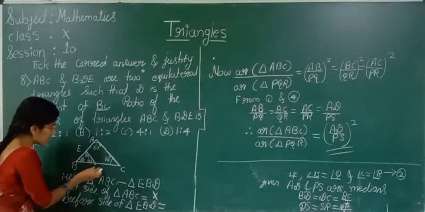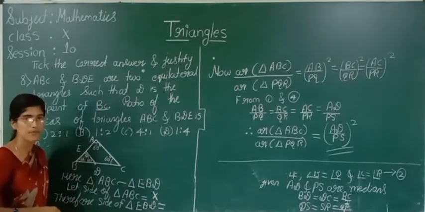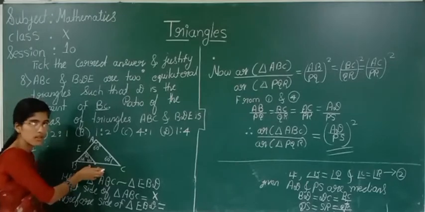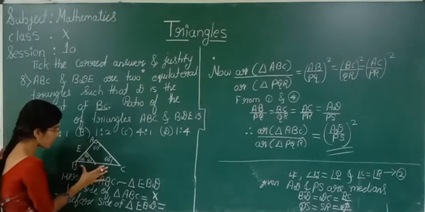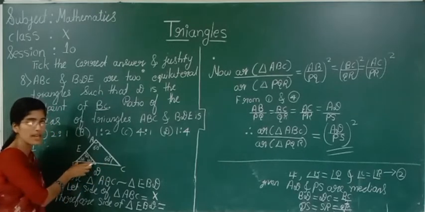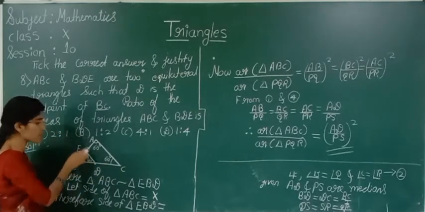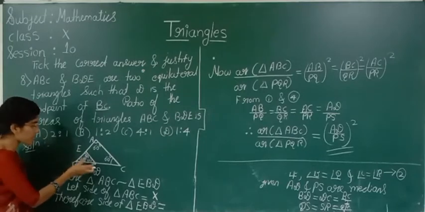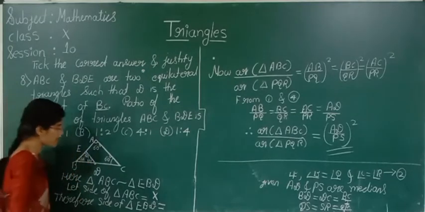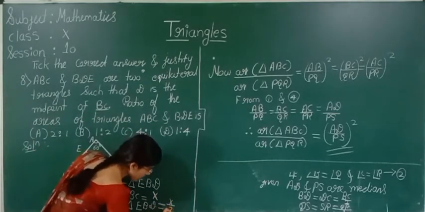See here, D is a midpoint of BC. Means if here the full length is X, definitely BD will be X by 2. This is an equilateral triangle. If this is X by 2, this will also be X by 2, and this will also be X by 2.